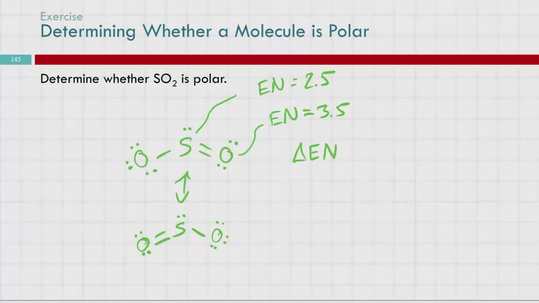Our difference in electronegativity between our sulfur and our oxygen, either of them, is going to be 3.5 minus 2.5, which gives us a value of 1.0, which is definitely polar. Okay, so we have polar bonds. We can proceed to the Nonpolar Express checklist.